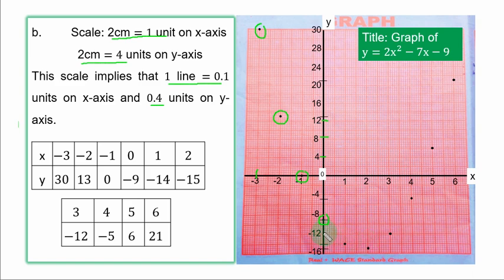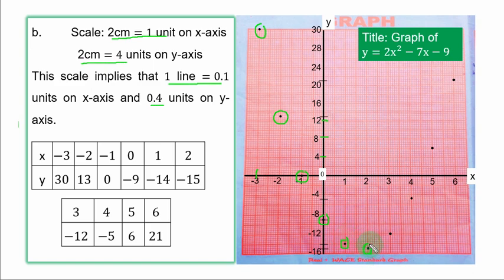If you count from 12, 14 should be somewhere here. You count it 0.4, so to be one line, you have 14 somewhere here against 1, that is minus 14. When s is 2, y is minus 15 somewhere here.